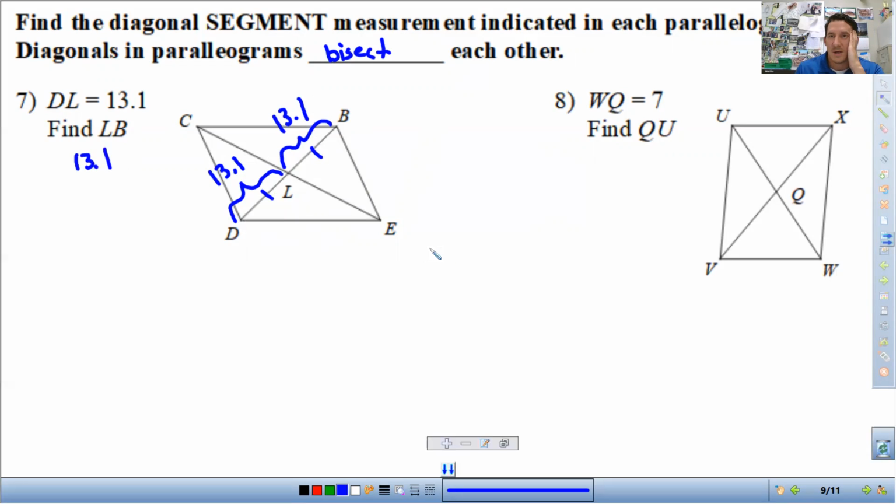Here, let's pay attention to what you're looking for. This part is 7. If we go to find QU, it's getting bisected, so this is also 7, right? If you're given half of it, you find the other half, that's pretty easy because they're the same.